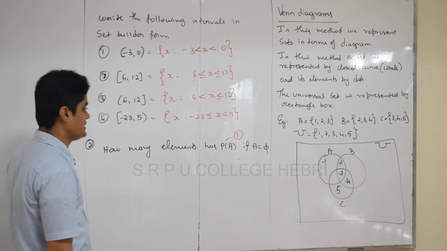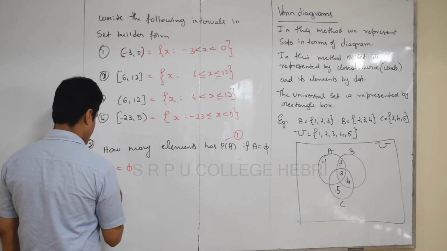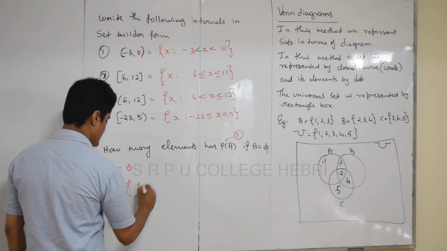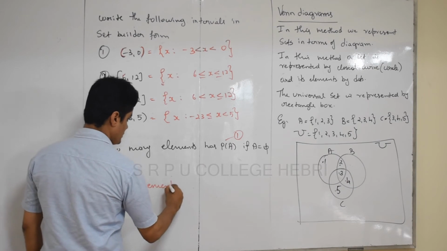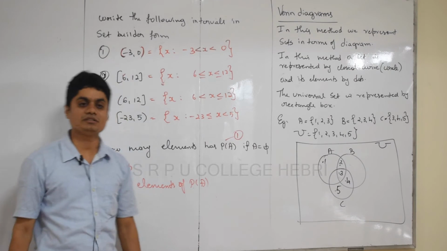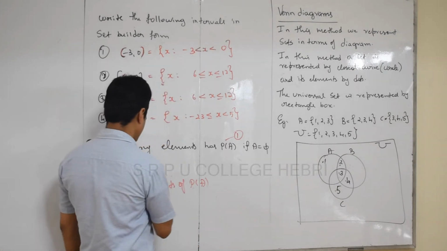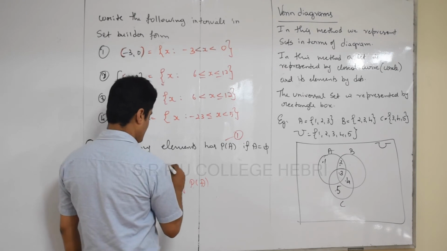How many elements has P of A if A is equal to the null set? If A is equal to the null set, you have to get the number of elements of P of A. What is P of A? The power set. What is the power set? The set of all subsets of the set is known as the power set. So P of A is nothing but the collection of subsets.